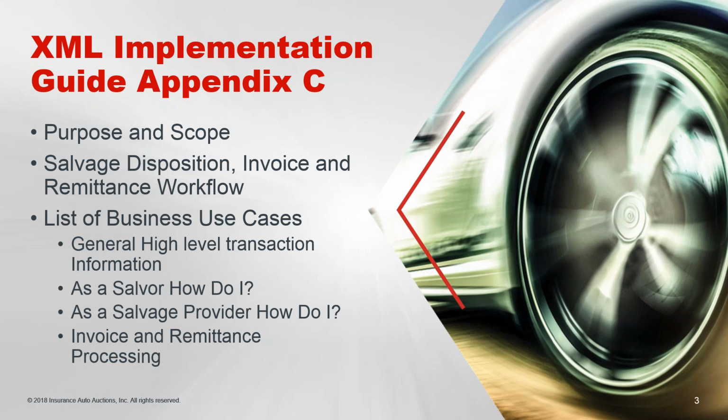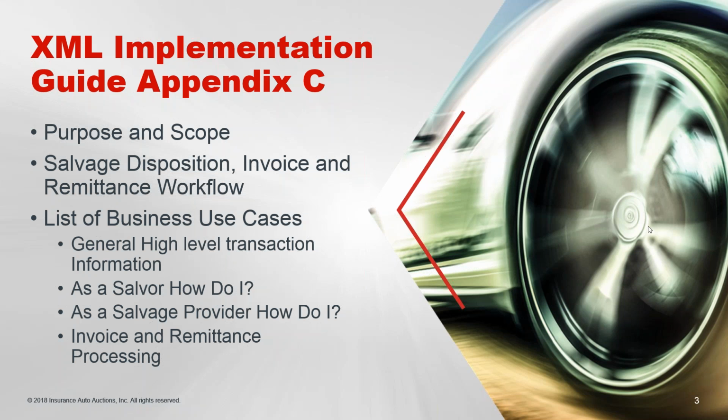For salvage, even though there are 63 data handoff points, there are really only 7 transactions that are being exchanged. The disposition add transaction, which is really an assignment type of transaction, goes from the salvage provider to the salver. The disposition change transaction is another transaction that goes from the salvage provider to the salver.